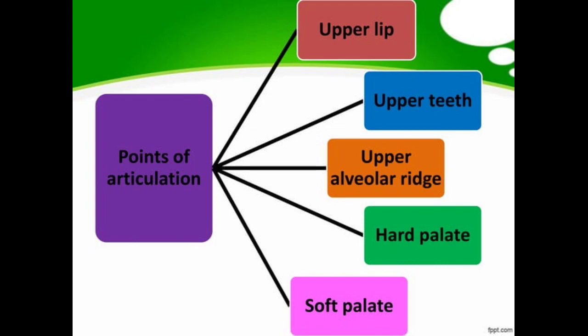The airflow is obstructed by bringing the back of the tongue into contact with the uvula, the small fleshy structure that hangs from the soft palate, as in Q. Glottal. The airflow is obstructed by closing or narrowing the space between the vocal folds or cords in the larynx, voice box, as in H.